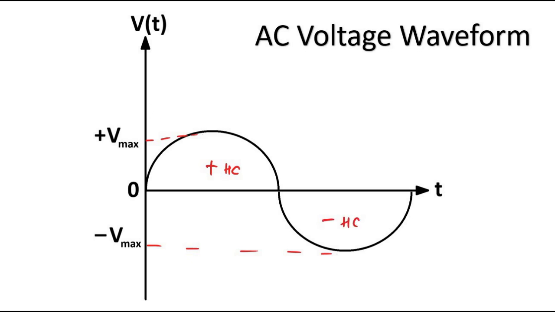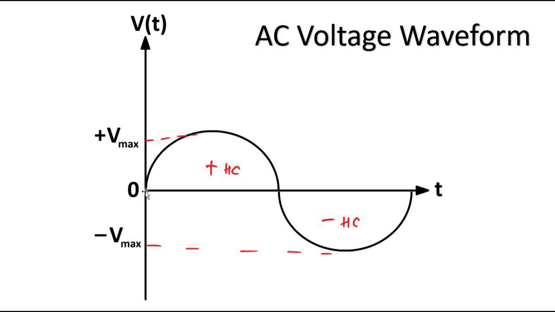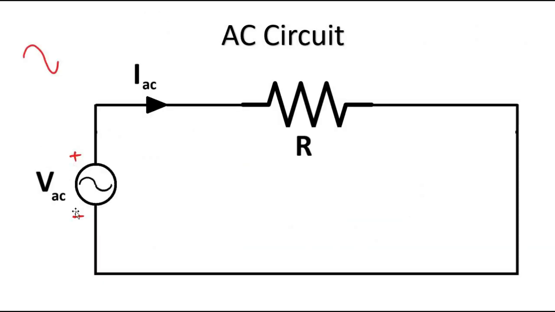Okay, so what happens is that during the positive half cycle, I'm talking about this one, the upper terminal becomes positive and this becomes negative. The magnitude starts from 0, goes to the maximum positive value and then back to 0, but the polarity remains plus and minus.